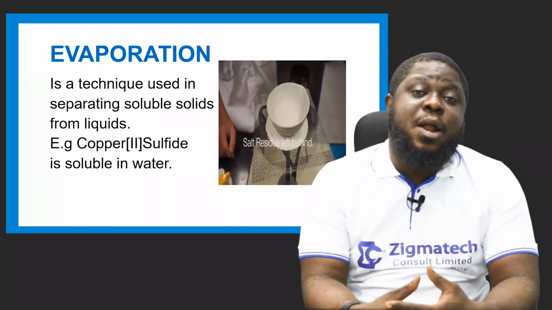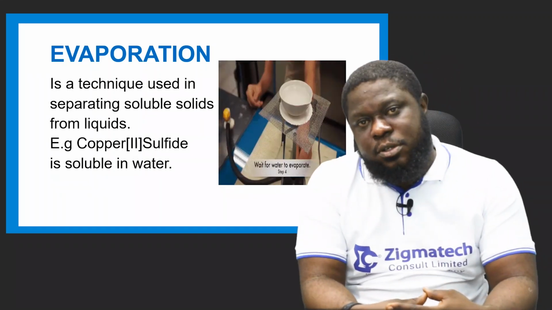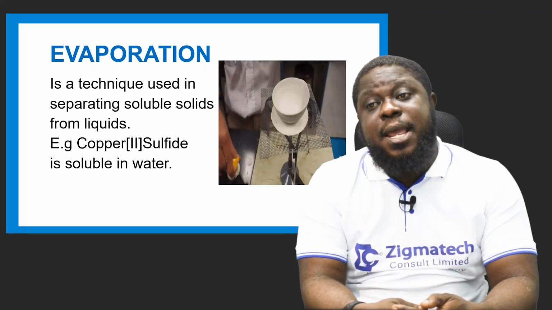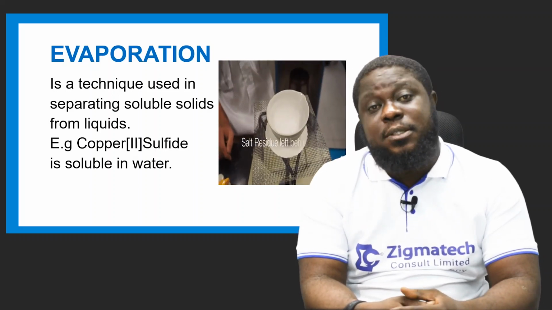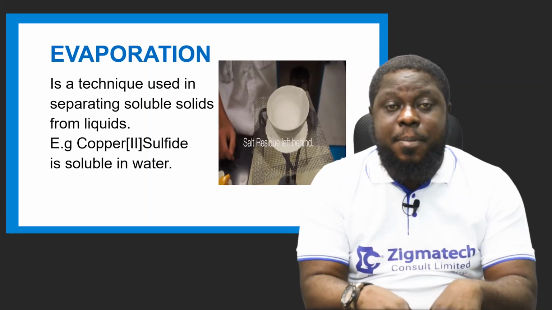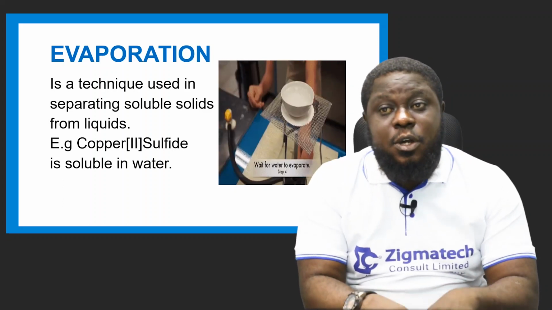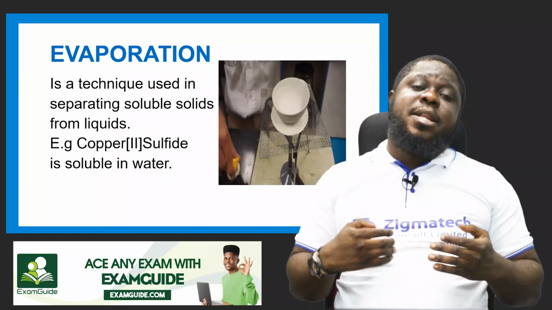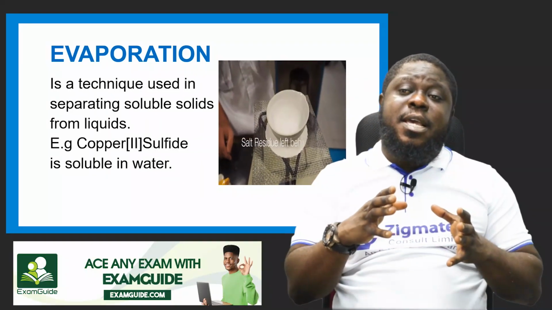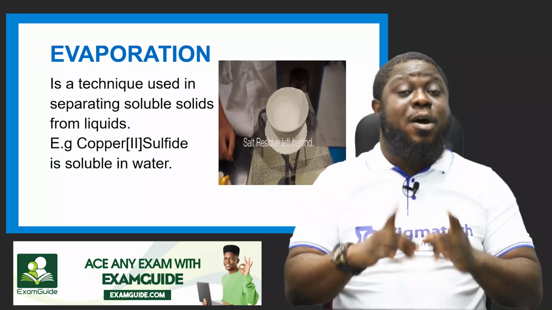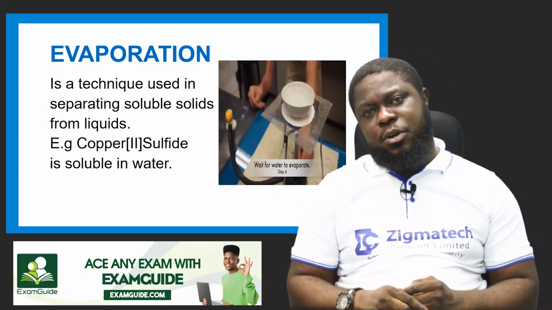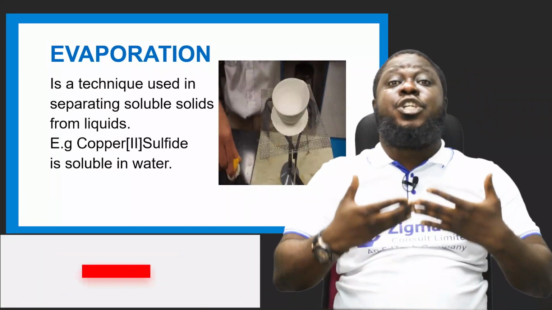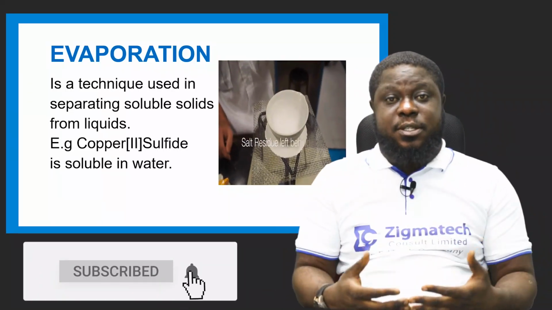Put the salt and water inside the pot and put it on the fire. When you're boiling, the water will evaporate and the salt will remain in the pot. For the liquid to evaporate, it must change to a gaseous state.